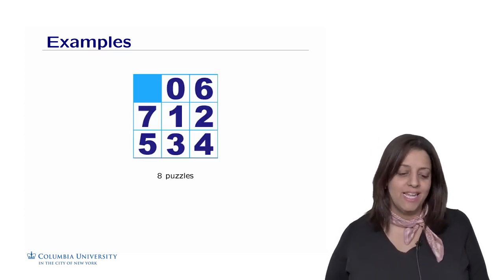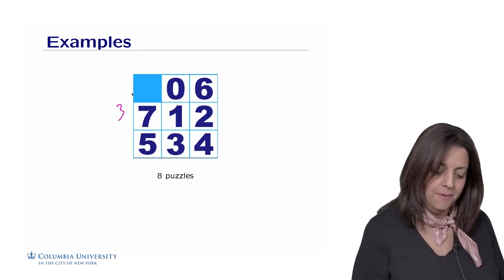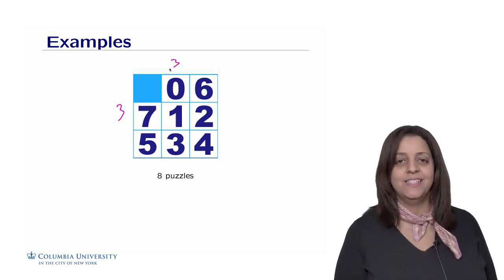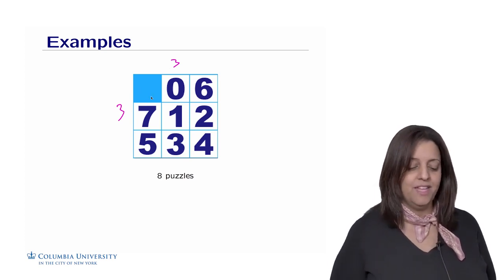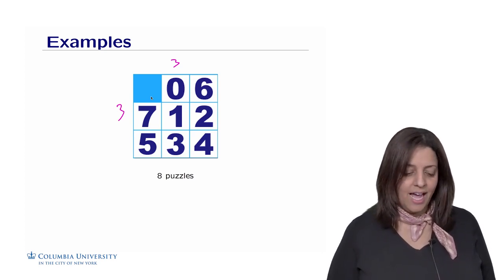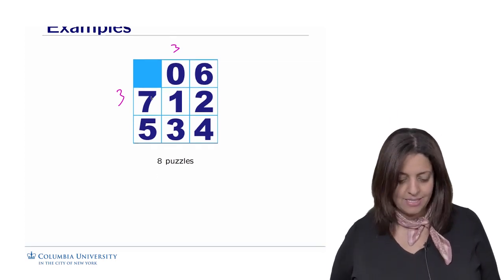Another famous example in search problems is called the 8 puzzle. It's a board of 3 by 3, and each square has a number, except one of them, that's empty. It's possible to move the squares around. So the idea is to start with some initial state and reach a goal state. So here's a possibility.